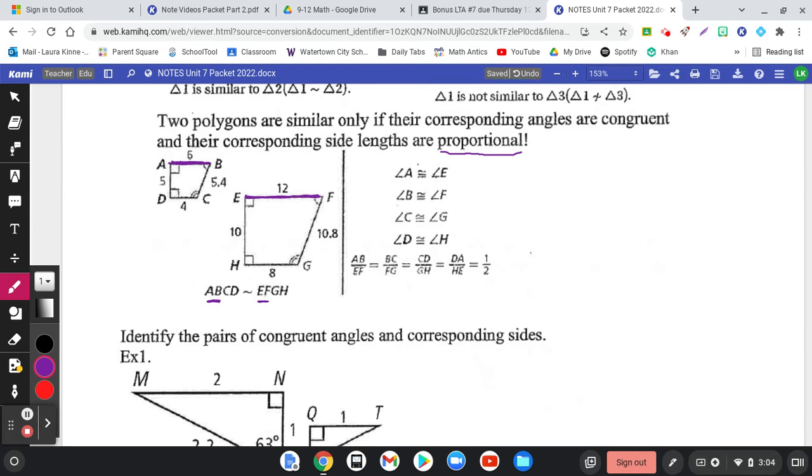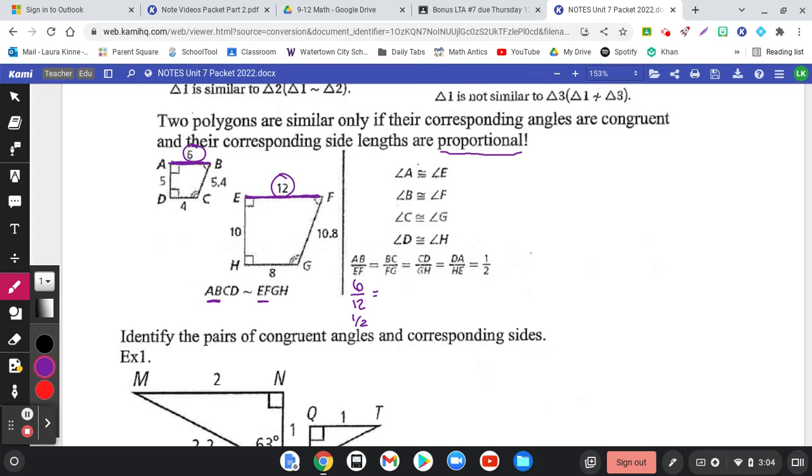All right, so let's figure out what the similarity ratio is. Side length AB is 6 and EF is 12. So 6 over 12 simplifies to 1/2. Basically, when you're dealing with similar figures, every single fraction is going to simplify to that ratio, 1 over 2.